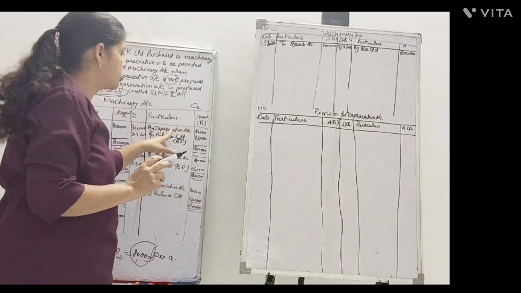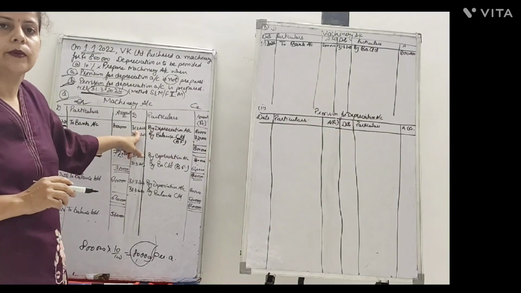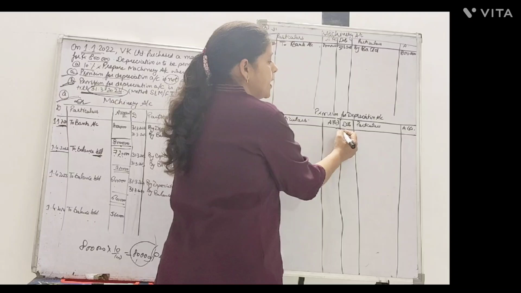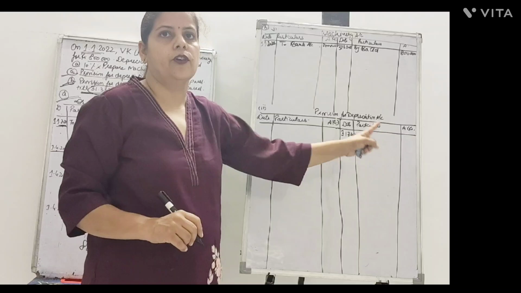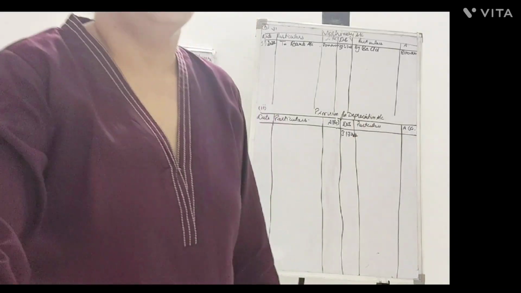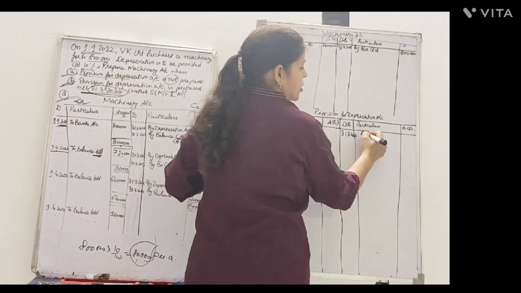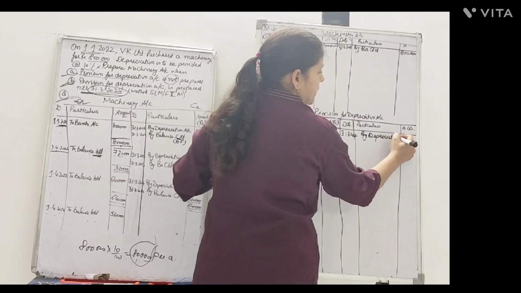In the normal question, we were taking depreciation here as on 31st March 2022. Now, depreciation will not be taken here. Rather, that depreciation would be taken to which account? That is the provision for depreciation account. So here we will write by depreciation account rupees 80,000, right?